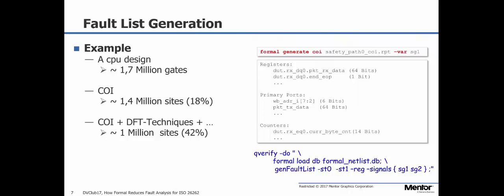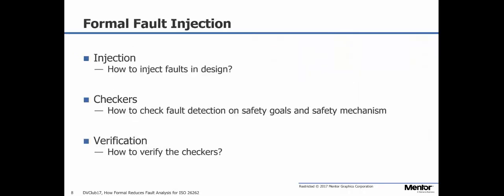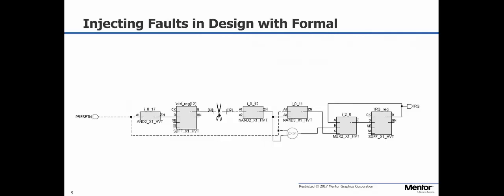Now, after optimizing the fault set, I want to explain how you can use formal for fault injection itself. There are three questions that we want to answer: how you inject faults, how you write your checkers, and which kind of tools you want to use. The first thing is very simple.